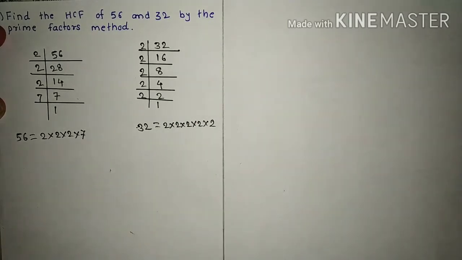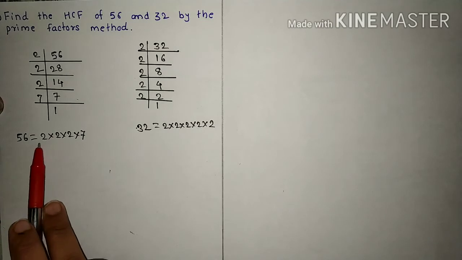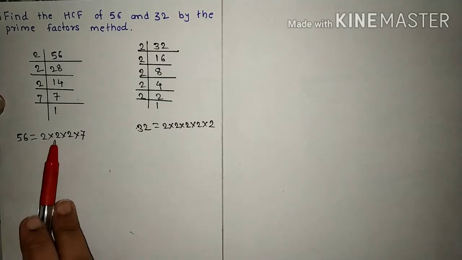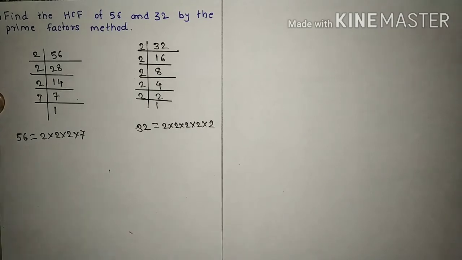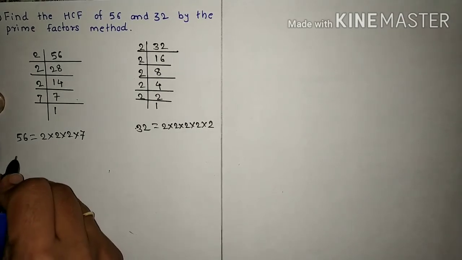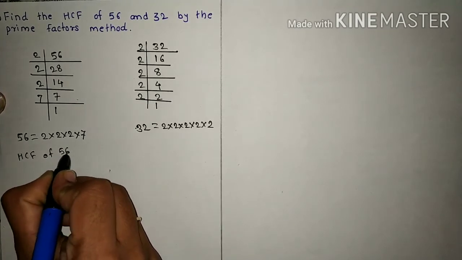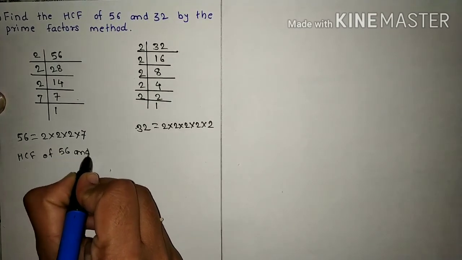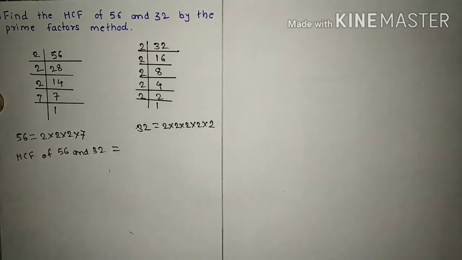Now see here, when we find HCF of 56 and 32, then see common factors of these numbers. Okay, so write down HCF of 56 and 32 equal to common factors.